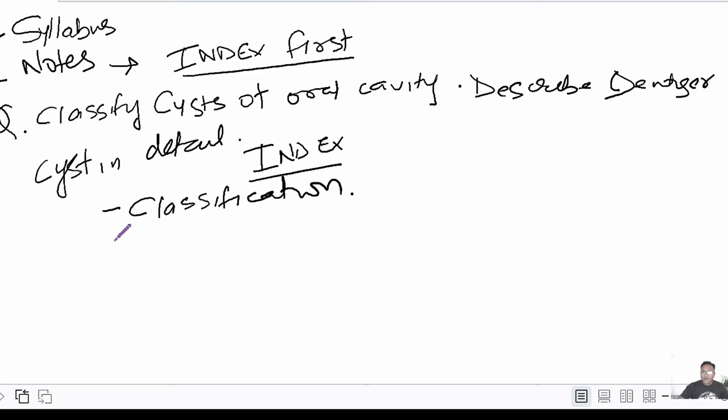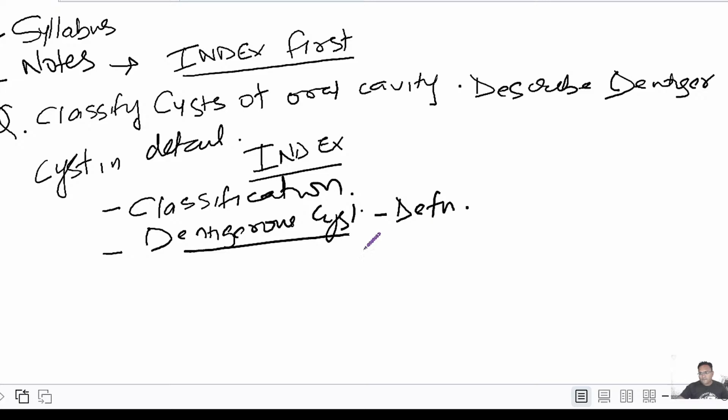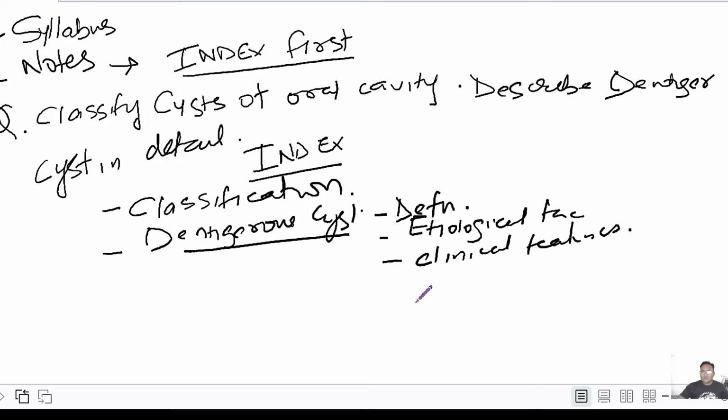After that, you will write dentigerous cyst: its definition, then its etiologic factors, then clinical features, then histopathology also, because in oral pathology they are concerned with histopathology.